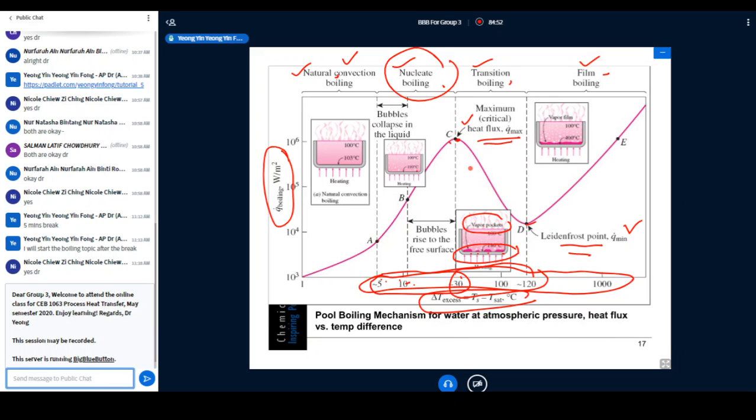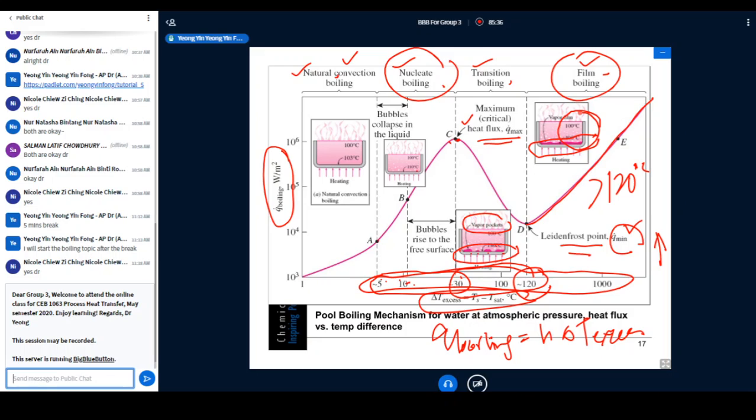After it reaches the Q minimum, when the delta T excess is larger than 120, it starts increasing back, because don't forget Q boiling equals h delta T excess. Now delta T excess increases, so Q boiling also increases. You can see in film boiling, a vapor film has already formed over here, and the temperature difference is quite large.